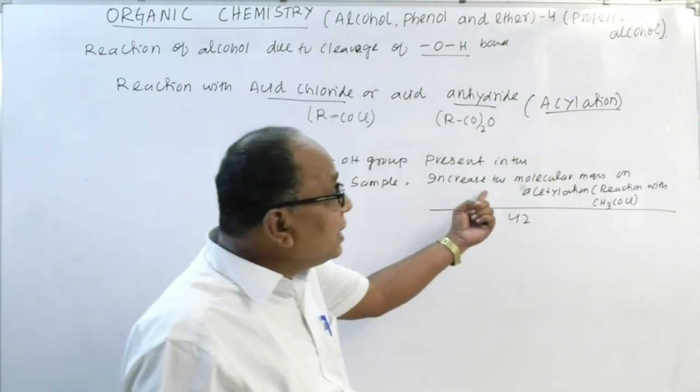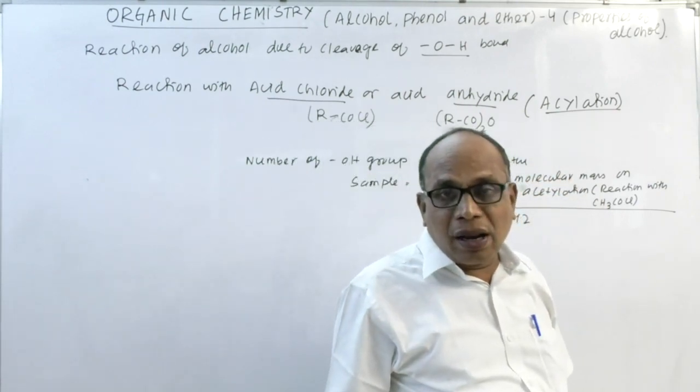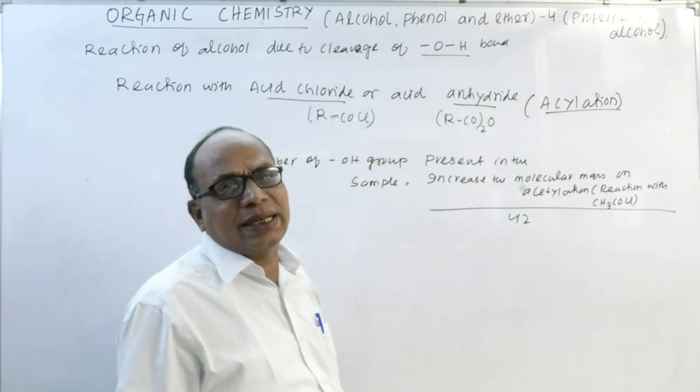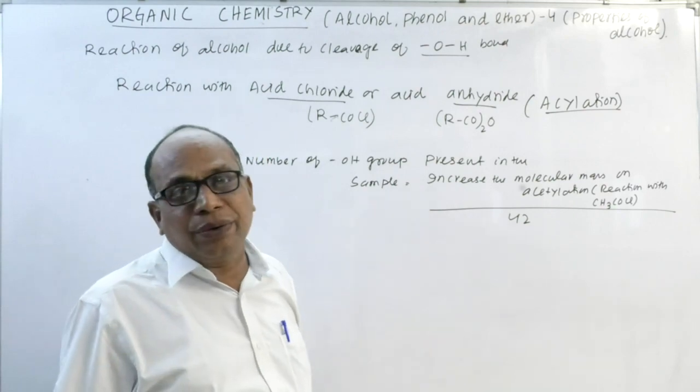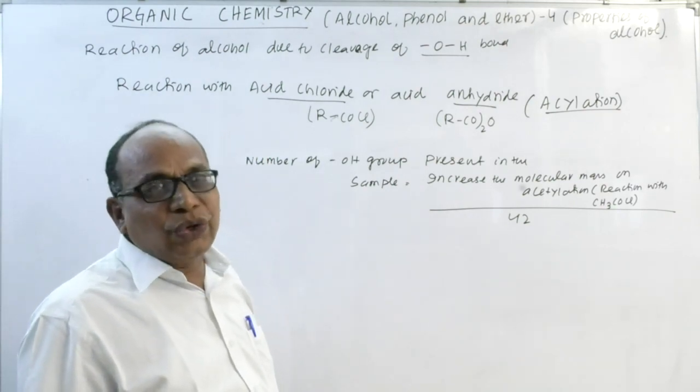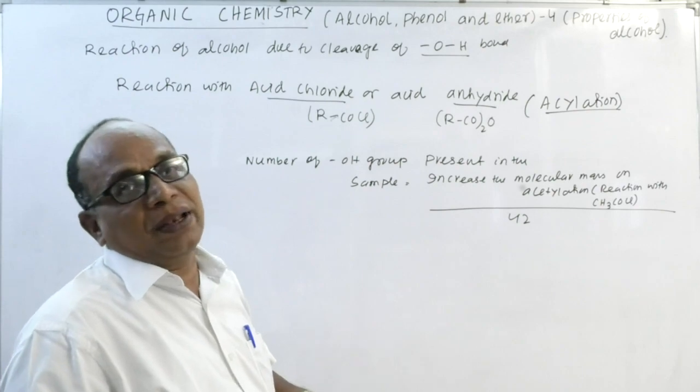That is, the increase in the molecular mass of the sample on acylation. Whatever mass is increased, divided by 42, gives the number of OH groups present in your sample.